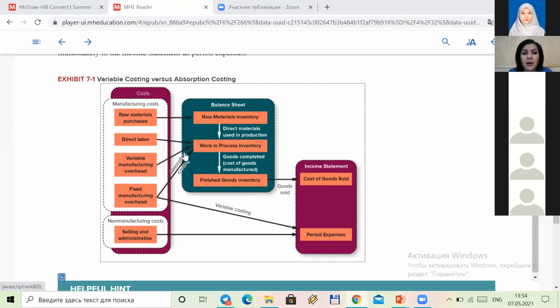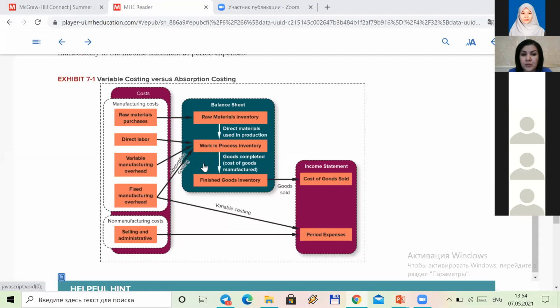Direct labor also goes to the work in process account. On absorption costing, variable manufacturing overhead also goes to work in process account, and fixed manufacturing overhead will be included into the work in process account.